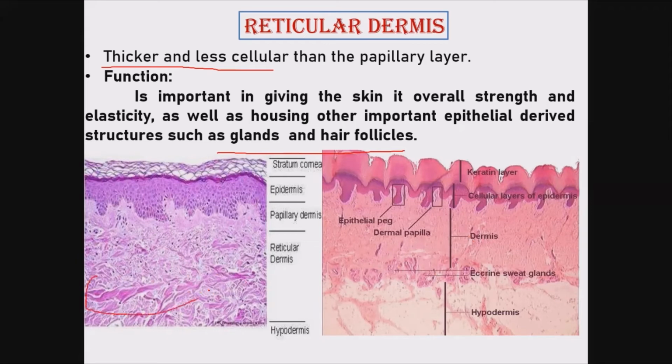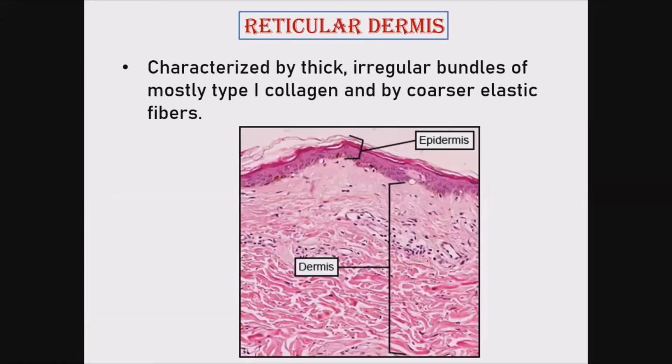We can see here how they're densely packed, with elastic fibers and reticular fibers supporting the whole of the epidermis, and it contains lots of glands and hair follicles. We can see the different bundles of fibers over here, and the type of fiber here is actually type 1 collagen fibers and coarse elastic fibers.